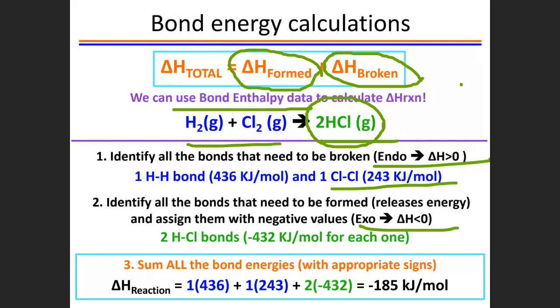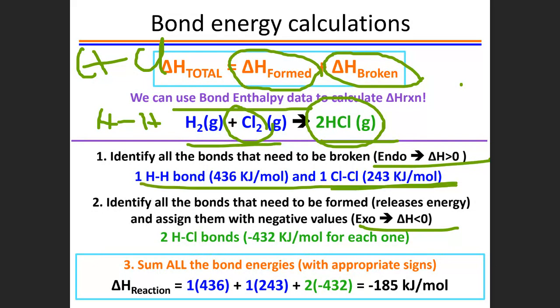In that particular case, we have to break this bond, and also we have to break the chlorine molecule, this bond, and this is our energy. Then identify all the bonds that need to be formed. Here we form hydrogen and chlorine, H-Cl, and how many? 2. And this 2 will come when we balance the chemical reaction.